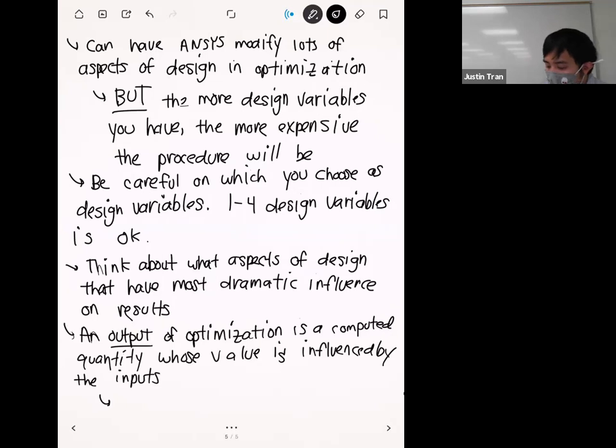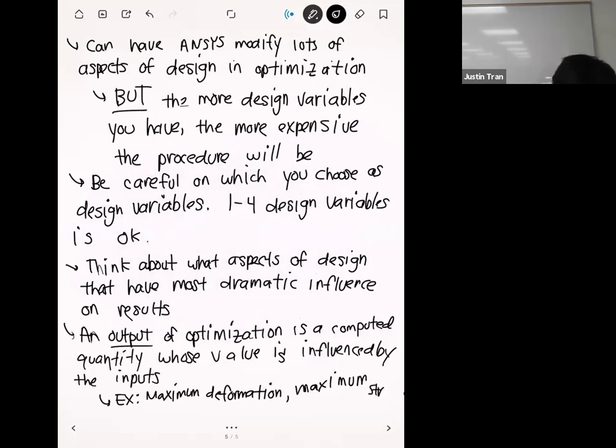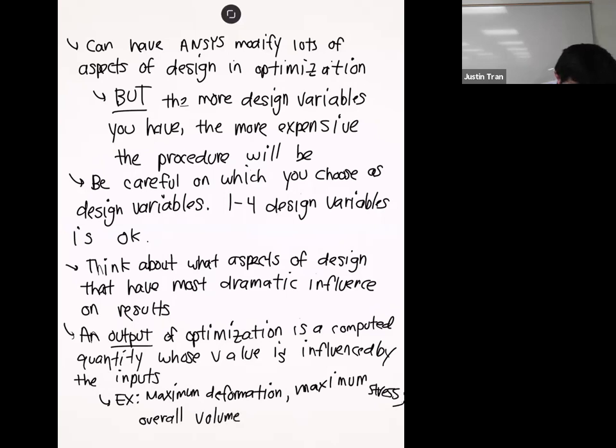And so some common examples for an output in finite elements would be things like the maximum deformation, maximum stress, even things like the overall mass or the overall volume of the piece. All of these are considered outputs.